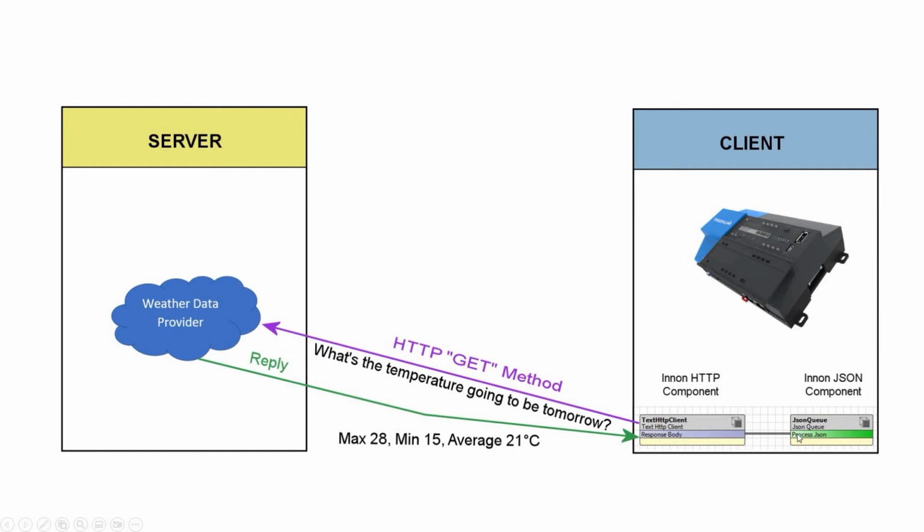And then we feed that into our JSON components in much the same way as when we were being the server, but with the client in this case. And then we can put that into other Niagara 4 components further downstream, say numeric writables, and that can be used for PX pages and things like that. Or you can chart it and alarm it, just like any other Niagara component.